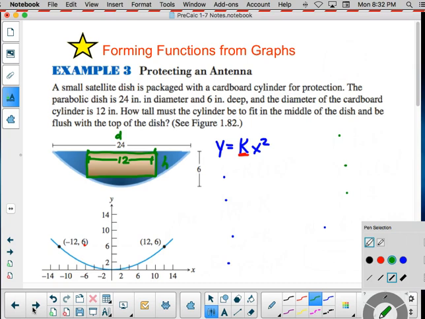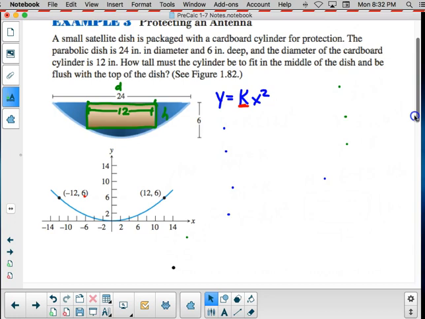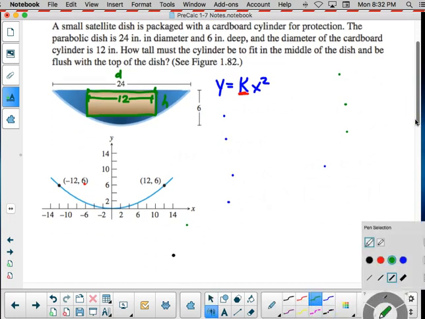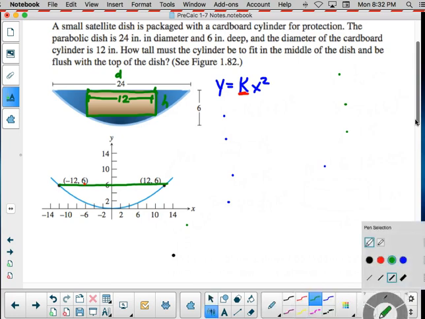Now, to help me set this up, I'm going to set some things up to make it a little easier for myself. Okay? One of the things I'm doing is looking at this idea that I know this whole length, the top of my box, is 12. So if you envision closing that down, I've got a box here that comes down here, and this is what I'm packing my dish in.